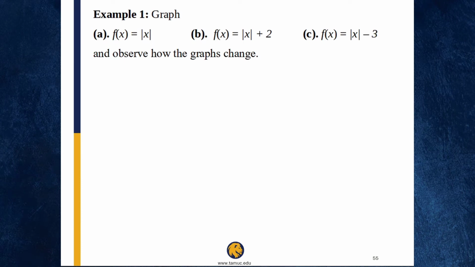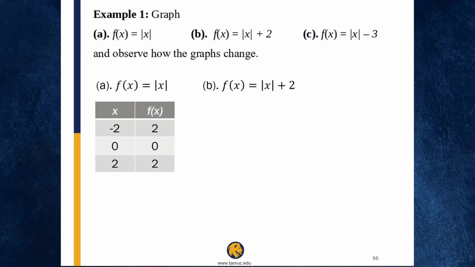So to get a sense how these transformations work, we're going to be looking at these three functions: absolute value of x, and then f of x equals absolute value of x plus 2, and absolute value of x minus 3. For the first one, if we were to take the function f of x equals absolute value of x and plug in numbers like -2, 0, and 2, the function would be respectively 2, 0, and 2.